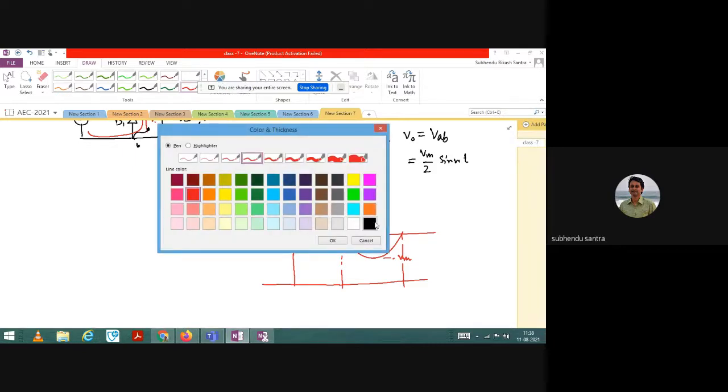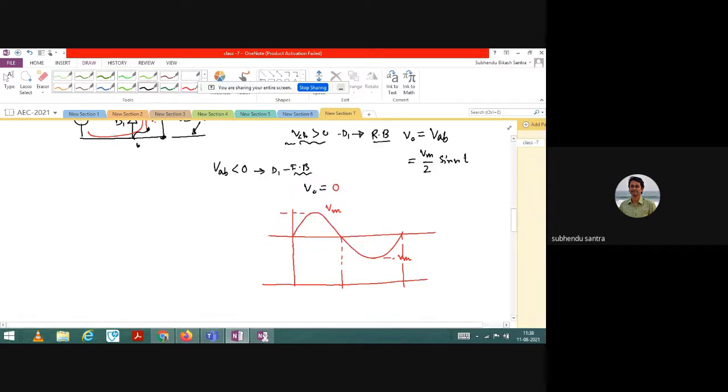You are getting Vm by 2 as the peak voltage, and then it is 0. This is V0, the black line. Then 0, then once again you will get this. So what is the learning point?